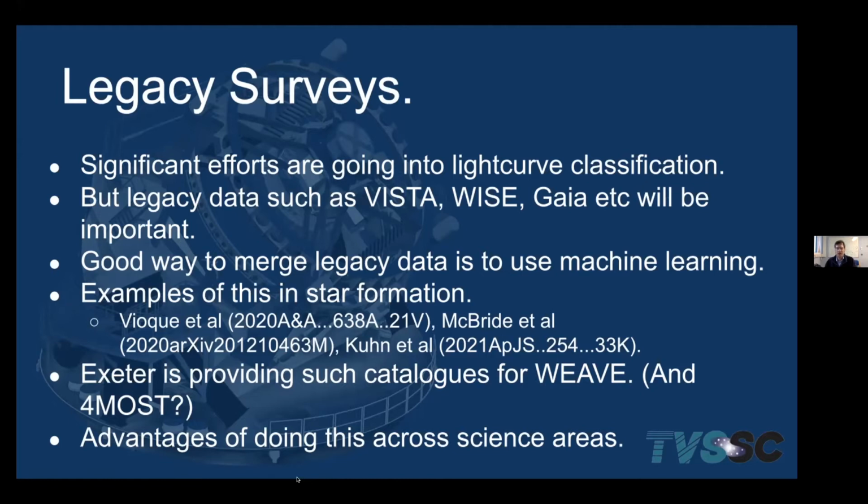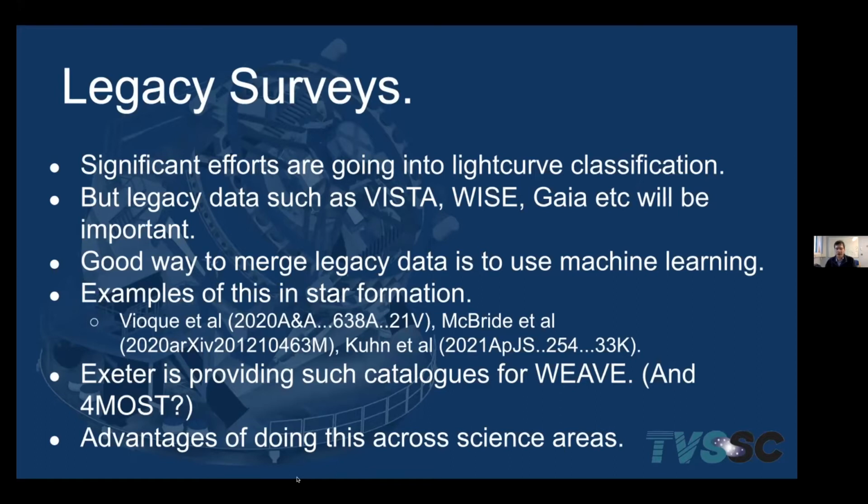So the question comes, how can you merge all that information into something useful as a classification tool? And a good way to do that, obviously, is to merge these surveys using some sort of machine learning. And in my own field of star formation, there are a few examples around already, like Vioche et al. and Kuhn et al. and McBride et al. who've done this on a smaller scale than we will be thinking of doing it now.